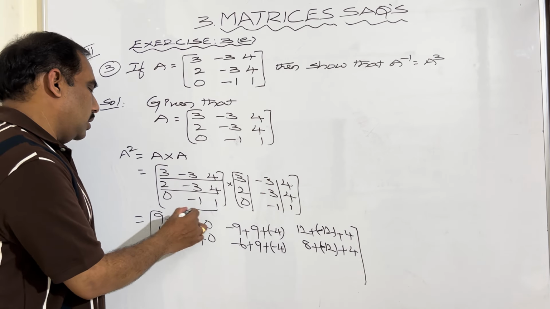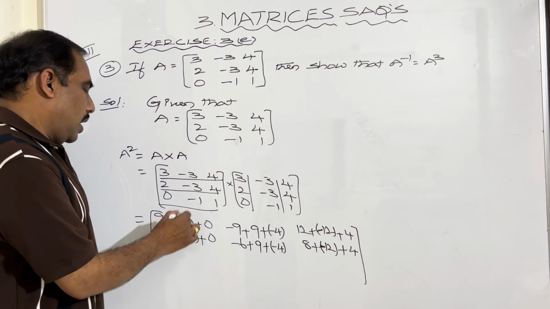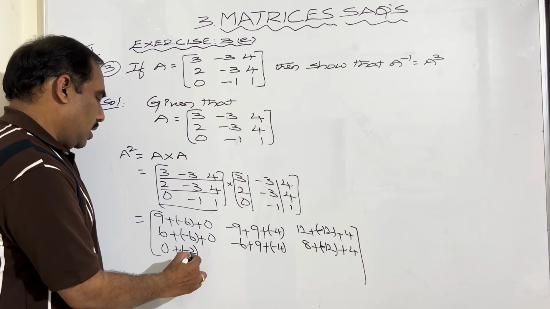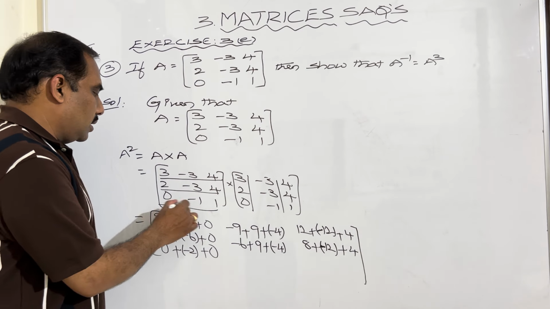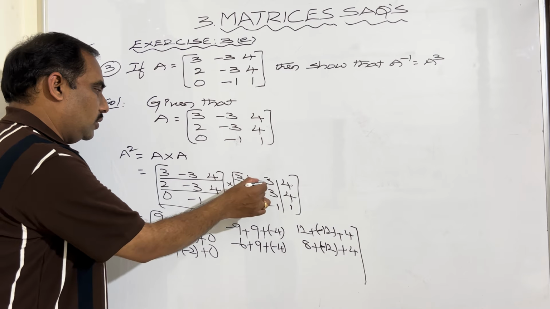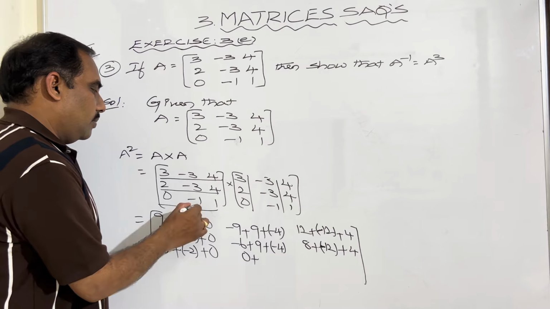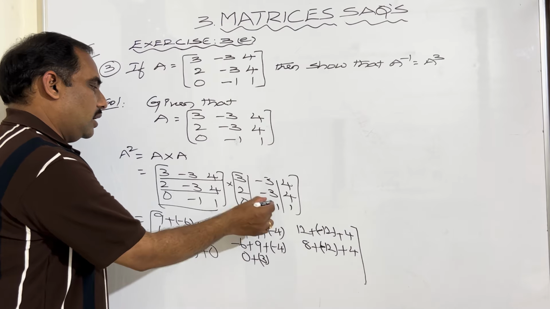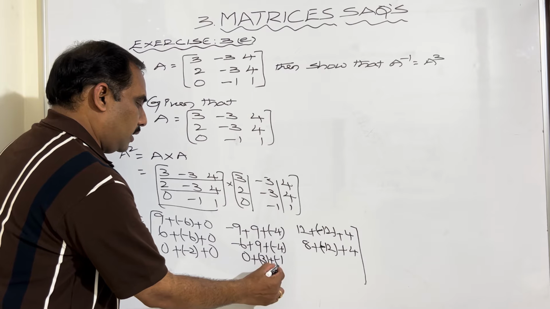Third row, first column: 0 into 3 is 0, plus minus 1 into 2 is minus 2, plus 1 into 0 is 0. Third row, second column: 0 into minus 3 is 0, plus minus 1 into minus 3 is 3, plus 1 into minus 1 is minus 1.